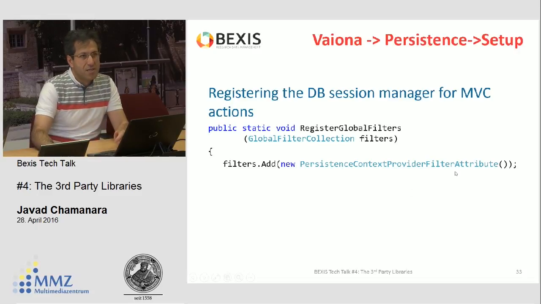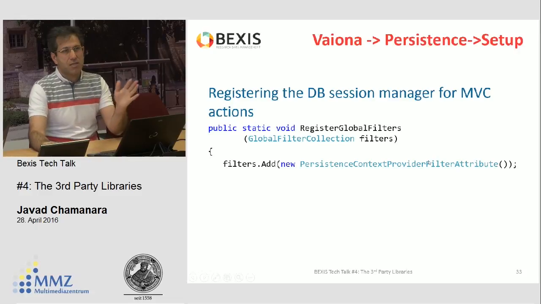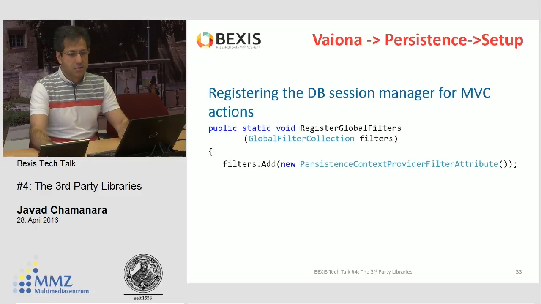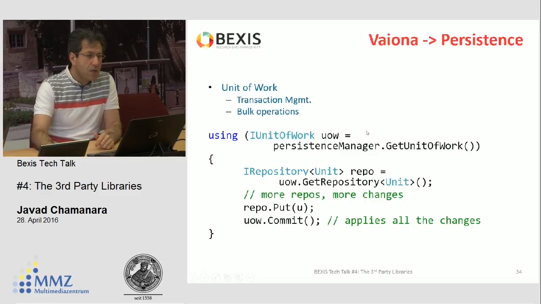So when the filter here is capturing the action notification, it will create a session, hold it in the context, and then when you are here, this is a code segment inside an MVC action, let's say. Inside that, you will have access to that session using this code.